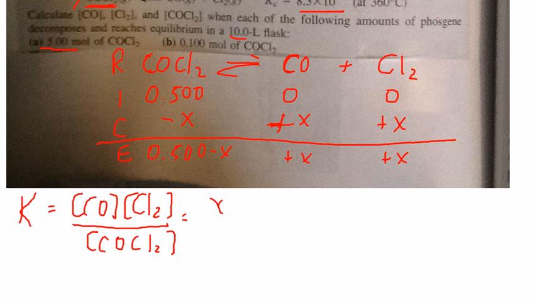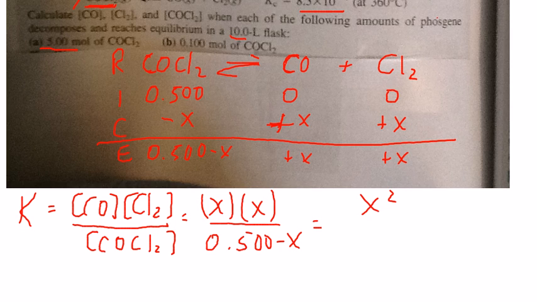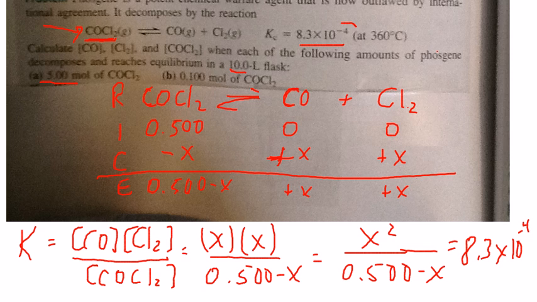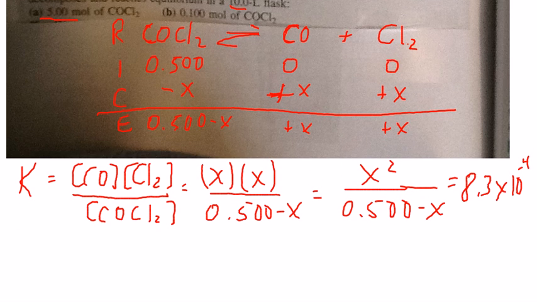What we get is x times x over 0.500 minus x, or x squared over 0.500 minus x. And in the problem, we have all of this equal to 8.3 times 10 to the negative 4. Now, one thing we notice here is that this could get a little bit messy with this math here.